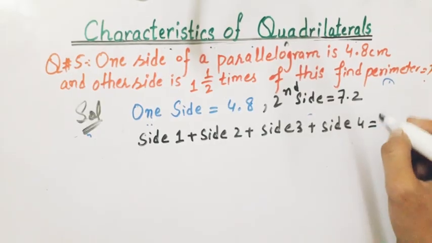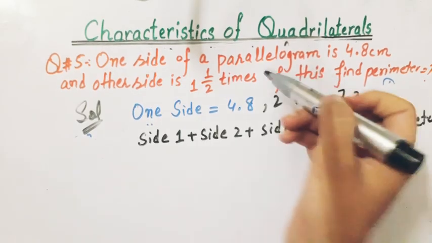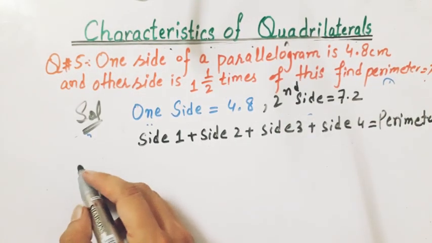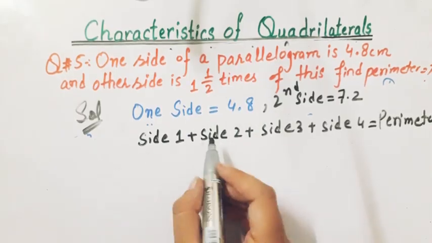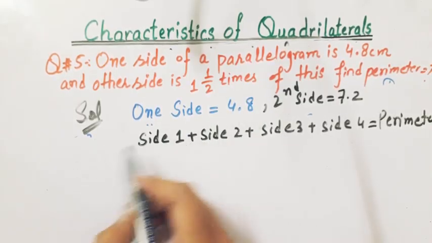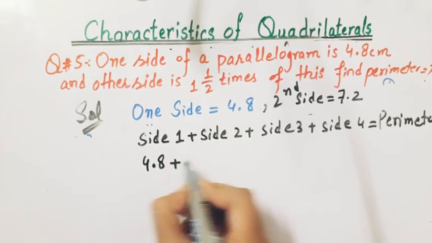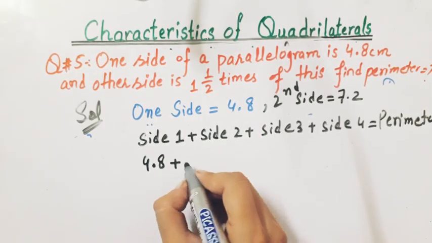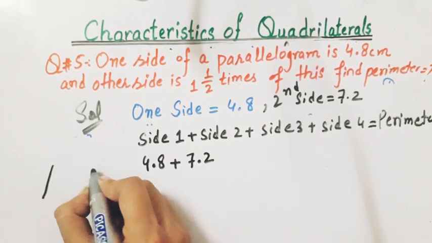So we use this technique because a parallelogram is the same as a rectangle shape, only the angle is changed, because in a rectangle the angles are 90 degrees. So side 1 equals 4.8 and side 2 equals 7.2.